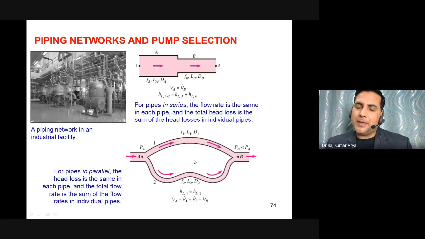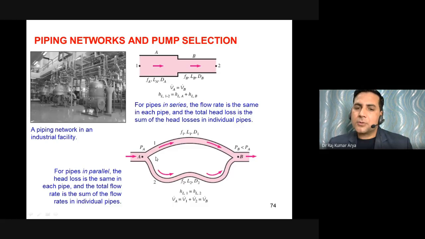What will happen in the case of parallel? The same thing will happen as in your electrical circuit. When two circuits are parallel, your voltage drop in each of the connections would be the same. Therefore, whatever pressure drop you have from point A to B in pipeline 1, the same pressure drop has to be there in line 2 also, because both are connected at the same common points.